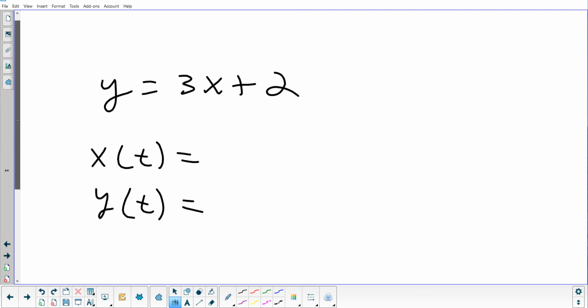I'll give you a hint. One of these equations is going to be extremely simple. It's going to be the simplest kind of substitution you could basically do. Yep?